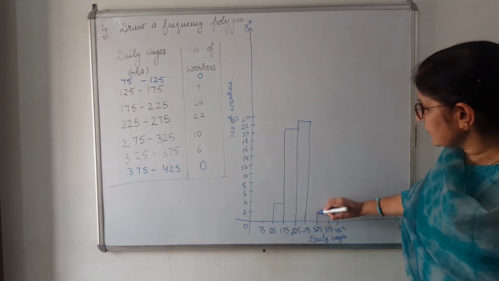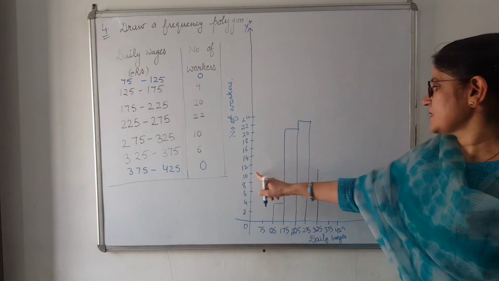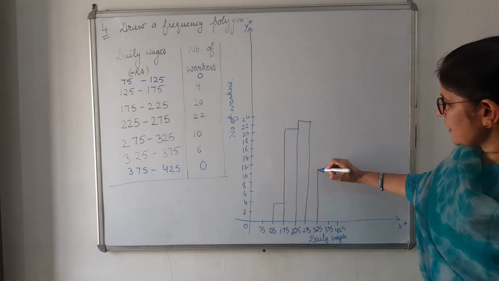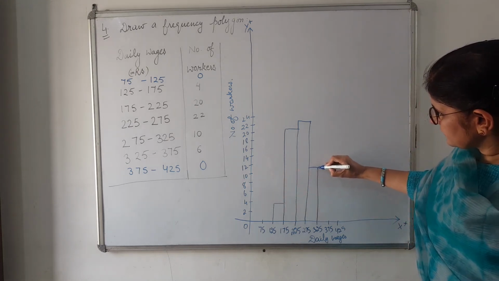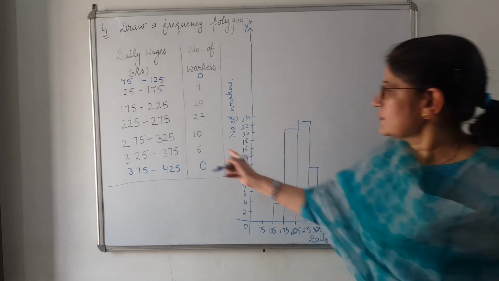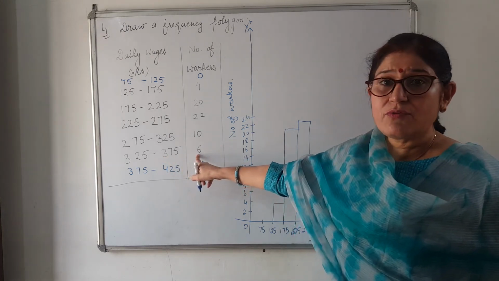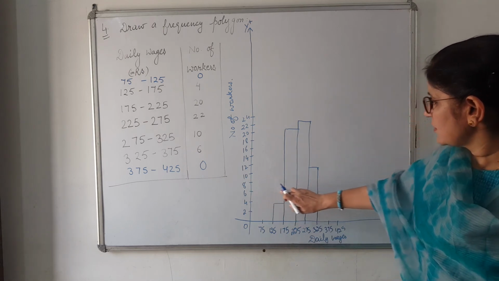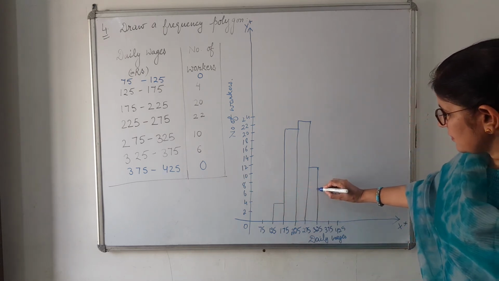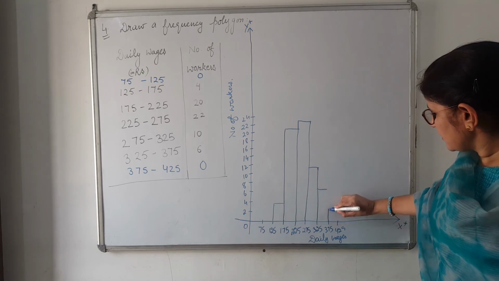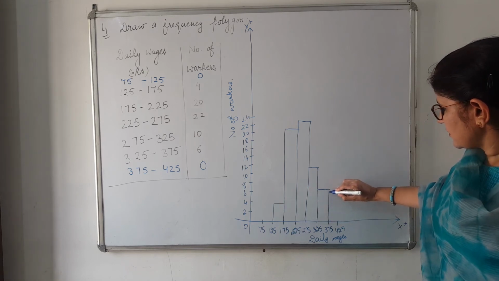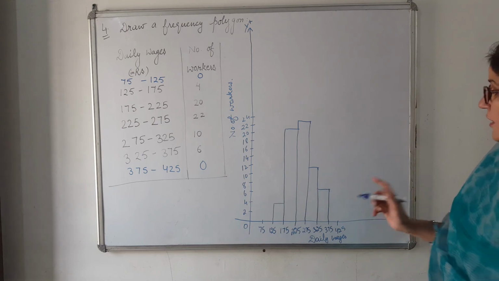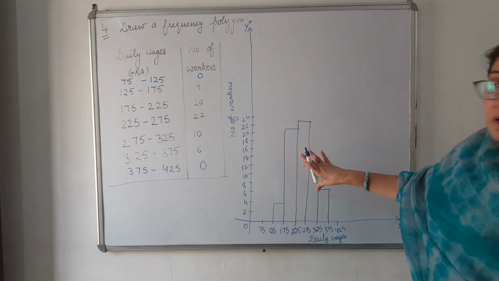So till 10. See, from here just we mark and we join. Next group has number of workers 6. Got it. Now this is our histogram.